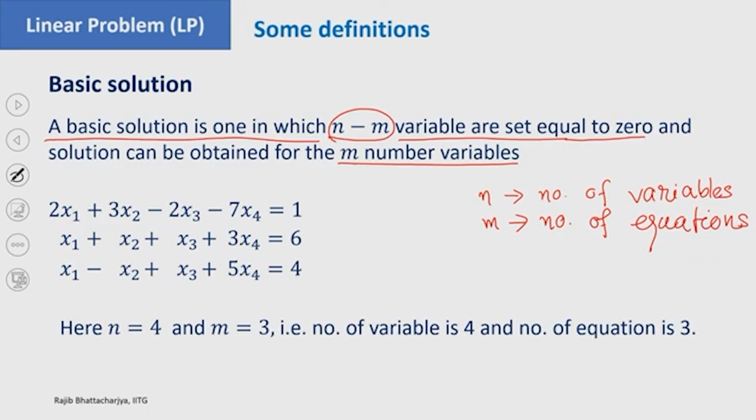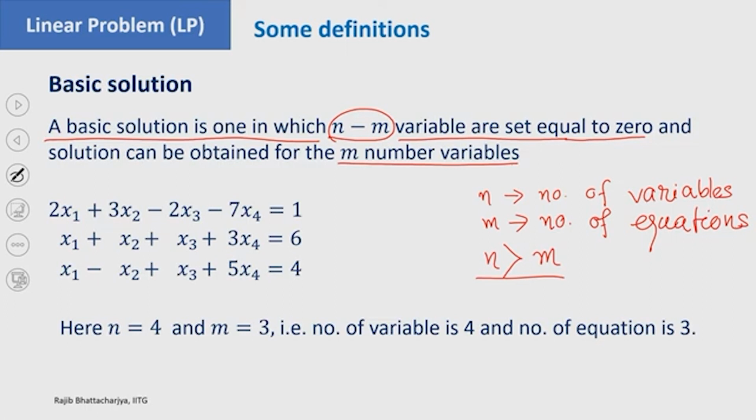Now, in this case n is greater than m, that means the number of variables is more than the number of equations, that third condition we have discussed already.